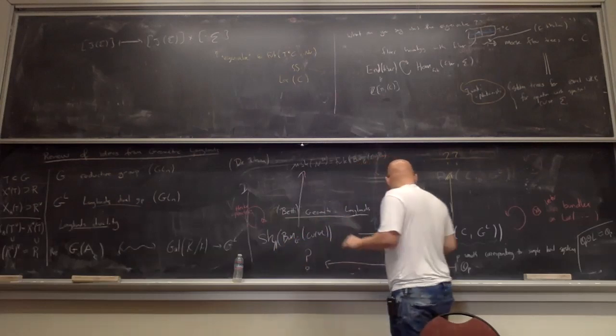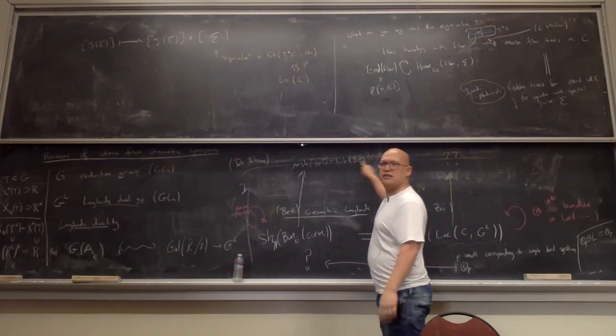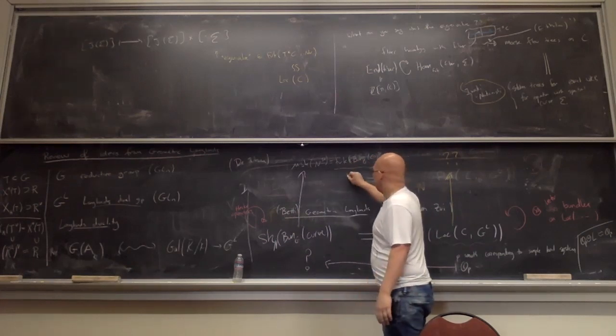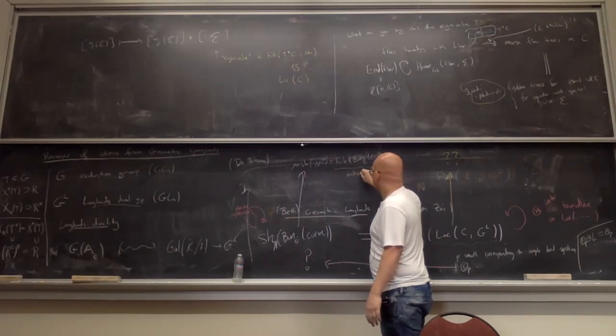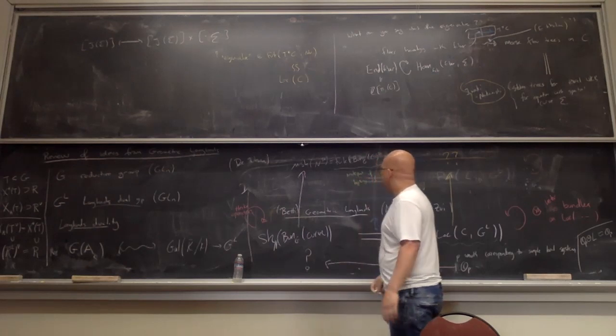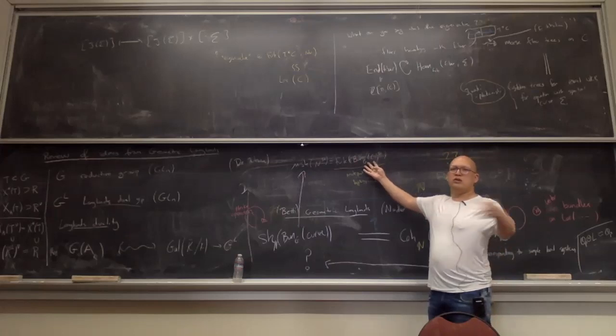But this Fukaya side is independent of the complex structure, only depending on the topology, because as you deform a symplectic manifold, you do not change the Fukaya category.